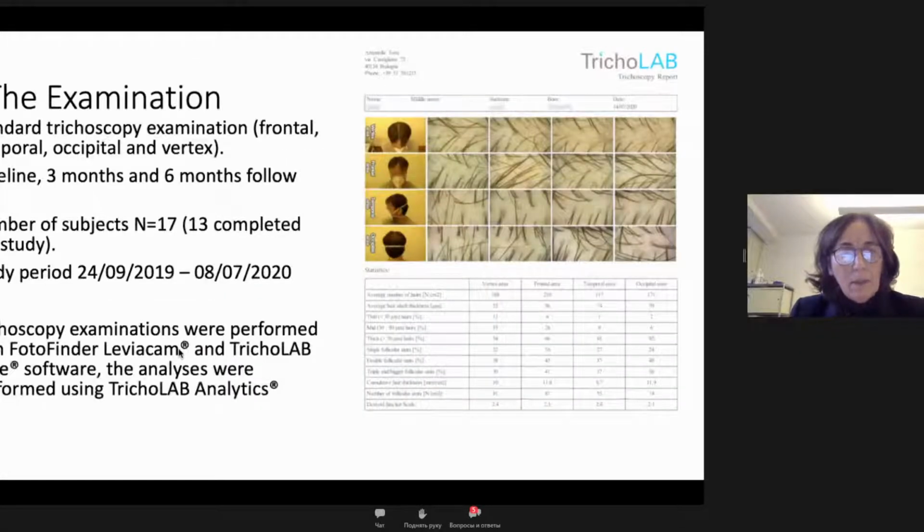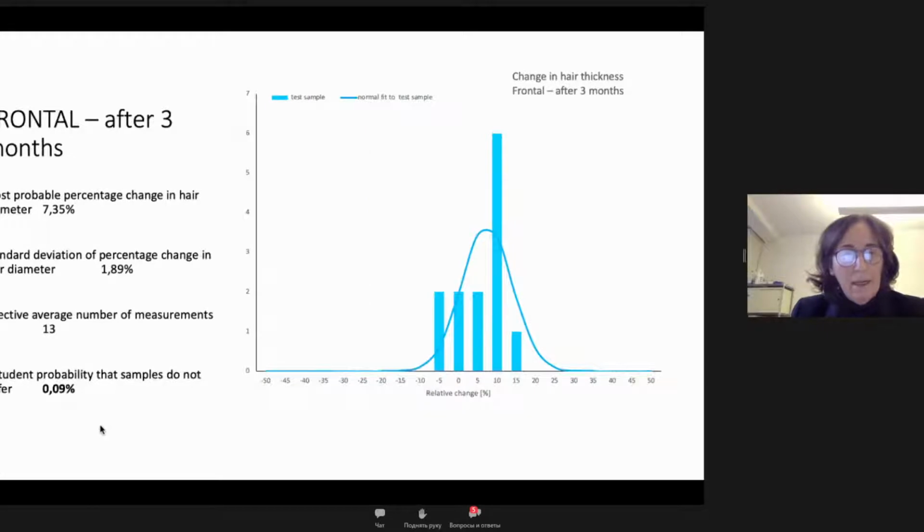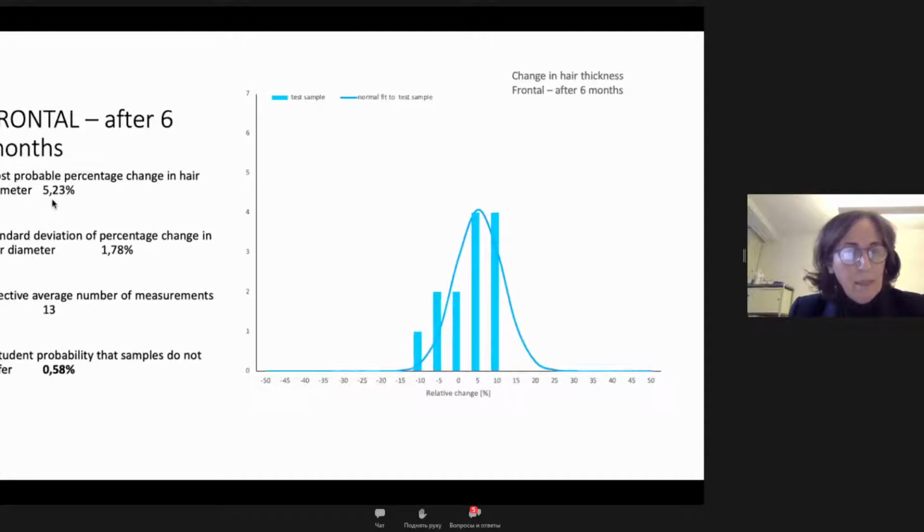And what about the Tricolab evaluation? When we evaluated the results obtained with this software, we observed that after 3 months in the frontal region, there was an increase in the hair diameter by 7.35%, that was maintained after 6 months by 5.23%.